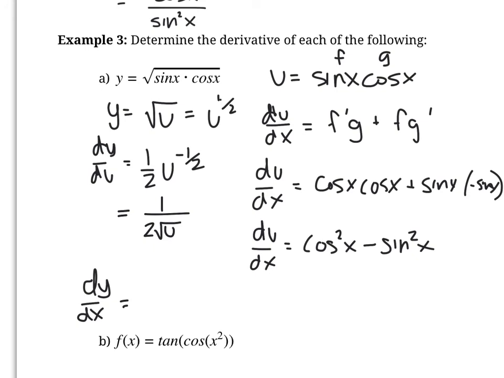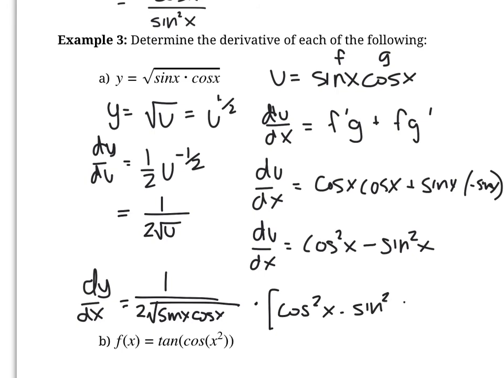So just multiply 1 over 2 root, and instead of u, I'm going to substitute it back in as sine x cos x, times what we got for du by dx, which is just cos squared x minus sine squared x. That is a minus sign, and that should be a square bracket there. Okay, so there is our answer.